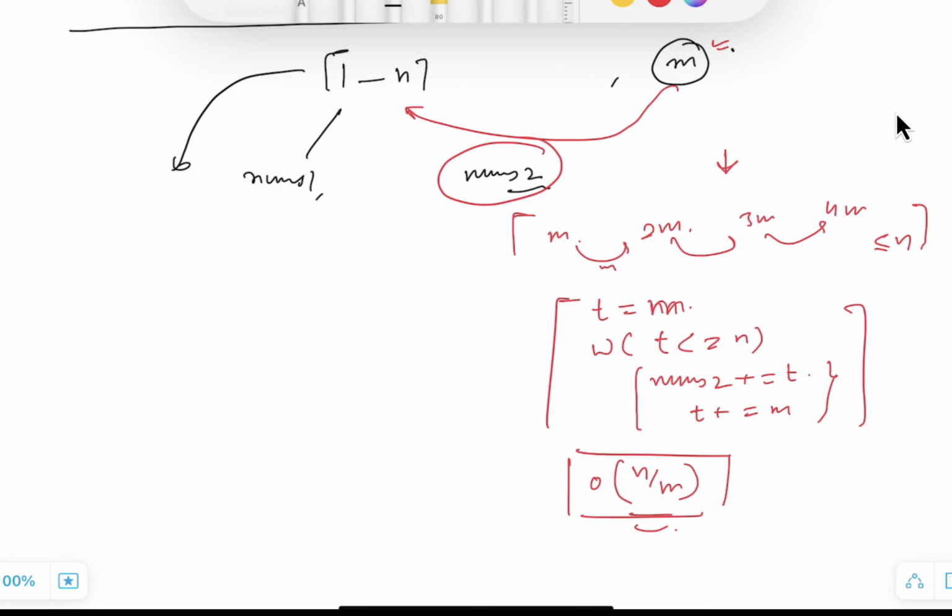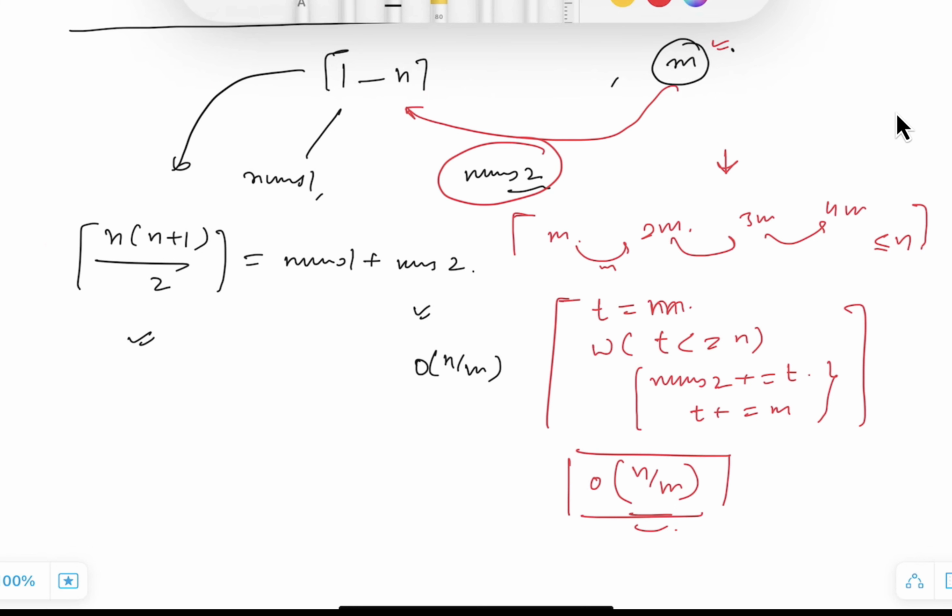just tell me the formula of all the numbers from 1 to n. That is n into n plus 1 divided by 2. This formula we can apply in order of one time, and this formula is equal to nums1 plus nums2. We have this value in order of one time, and we get nums2 in order of n divided by m time.